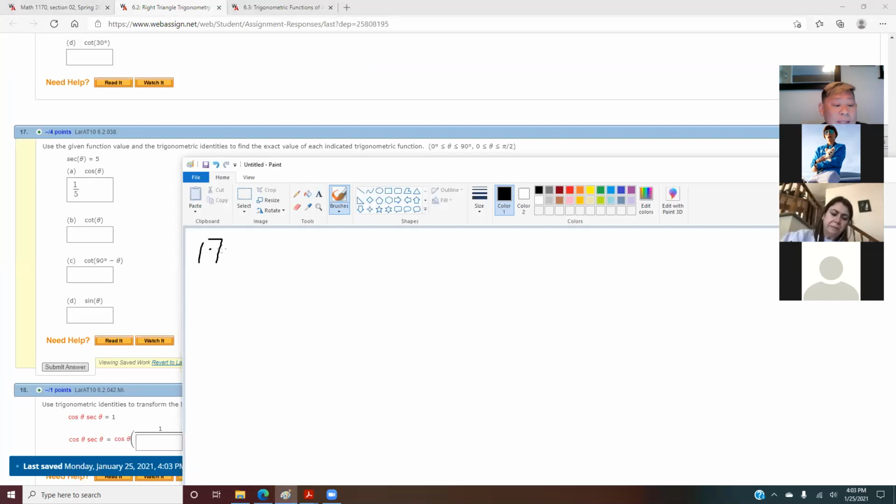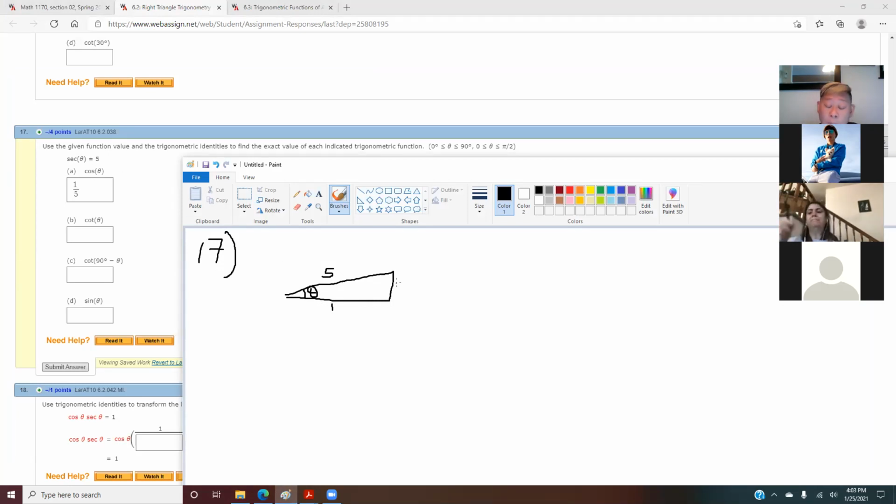Since cosine theta is 1/5, that means 1 is your adjacent because it's cosine, and 5 is your hypotenuse. You just need to figure out the opposite.